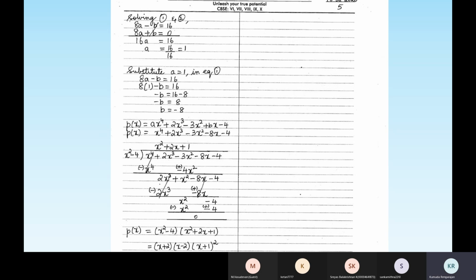So the polynomial p of x is a biquadratic polynomial. x squared minus 4 is already given to be a quadratic factor.